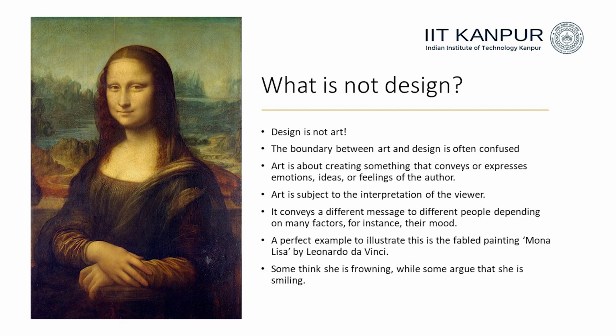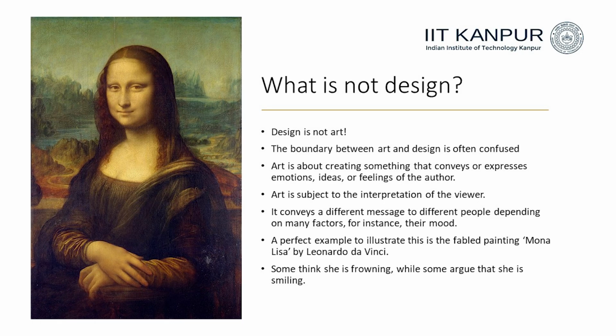That is not to say that art doesn't have an influence on design. It may often have a strong influence on design, because art is all about aesthetics, isn't it? So art conveys a different message to different people depending on many factors, and it may also depend on their mood. Okay, so maybe you are feeling very hot in this room and you think she is frowning, or you are feeling joyful because it's your first day at IIT Kanpur, first day of lectures.